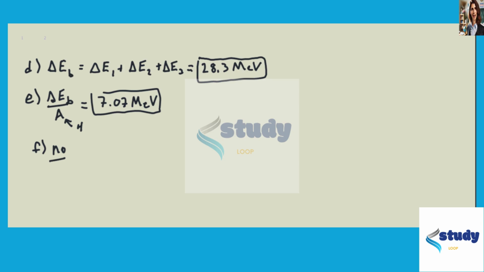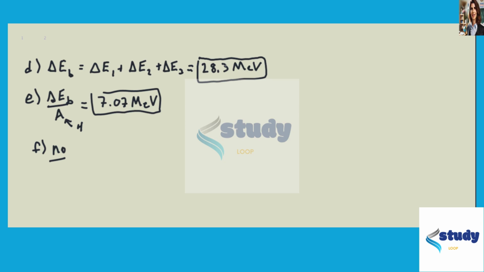And this makes sense because the binding energy per nucleon is sort of the average of the binding energies that went into assembling the nucleus. It doesn't necessarily reflect the order in which it would come together.